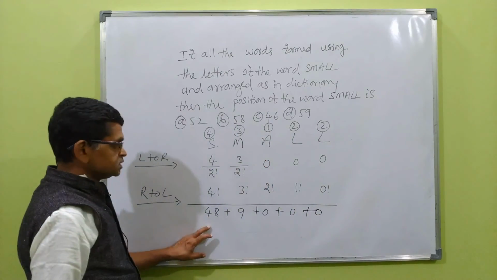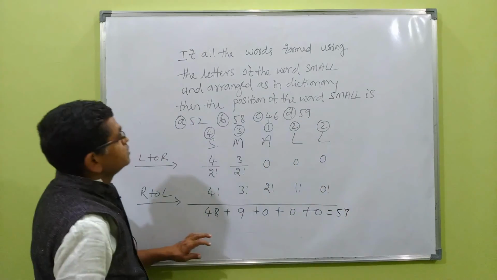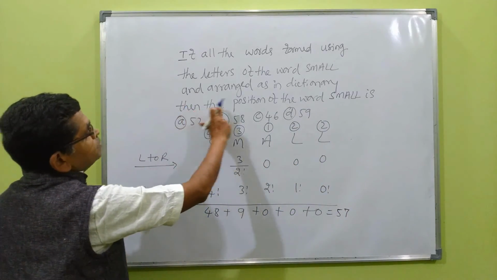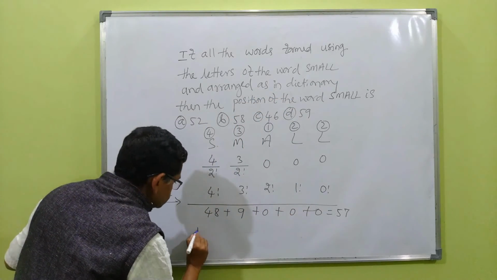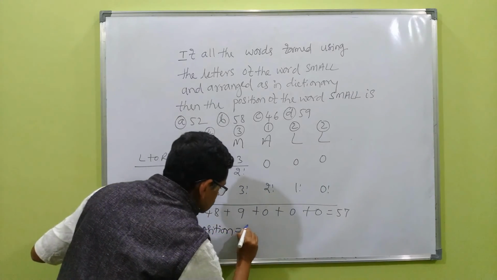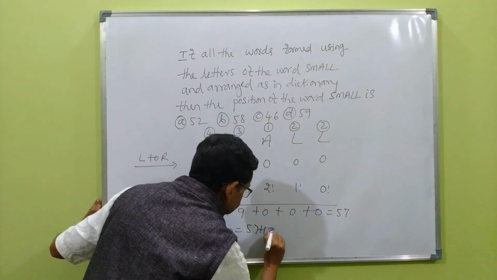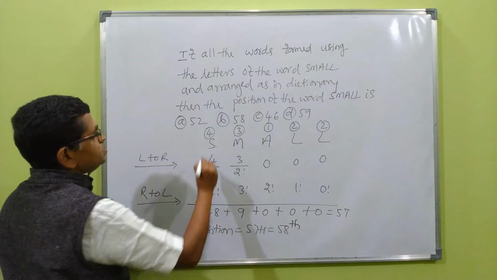So this is 57. Now what is asked here? Then the position of the word means one more than that. Position is 57 plus 1 is equal to 58th. So B is the answer.